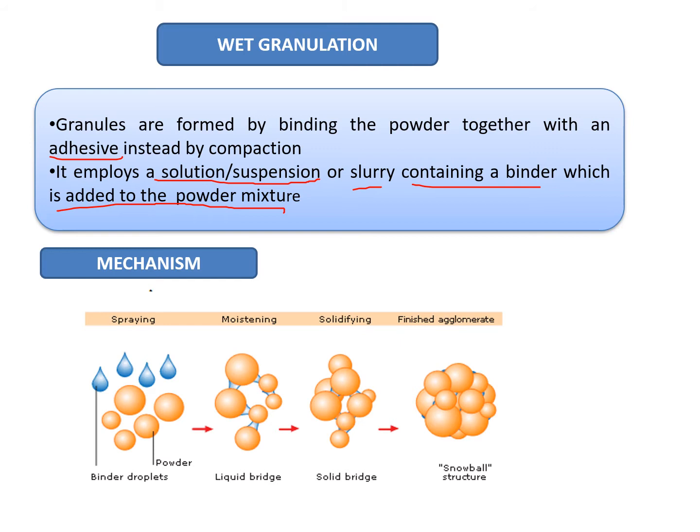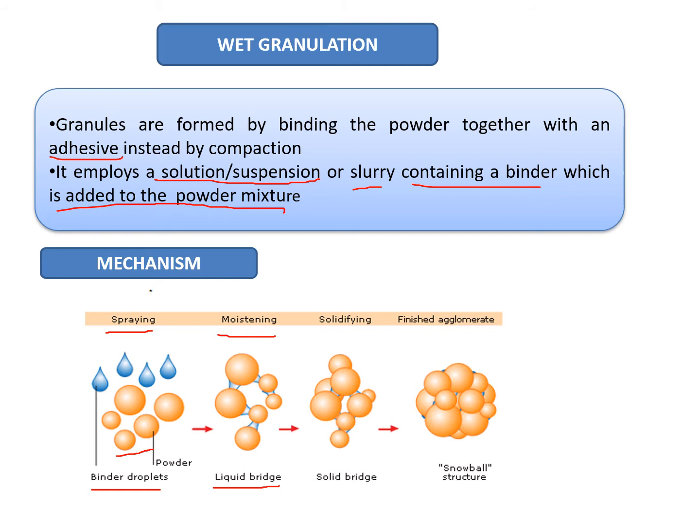Now what is the mechanism of wet granulation? As you can see in this picture, the first step is spraying. We are spraying the binder droplets onto the powder particles. Next step is moistening, in which a liquid bridge is formed.